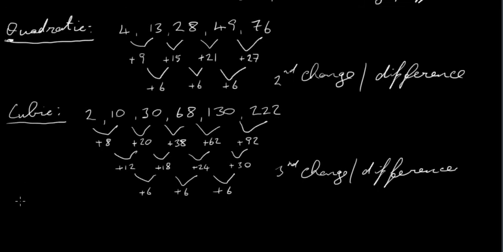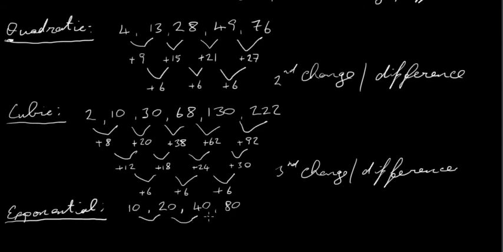Okay, so the last one we're going to look at is the exponential sequence of numbers. Here I'm going to take the numbers 10, 20, 40 and 80. Again, we do the same thing. We look at our first change.